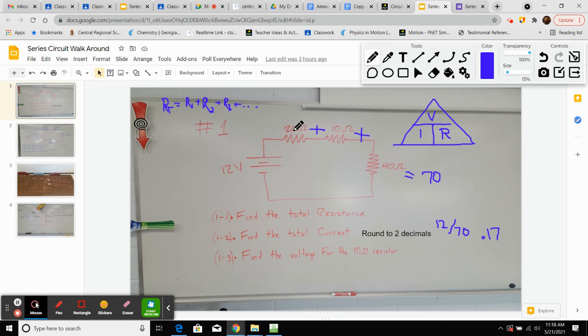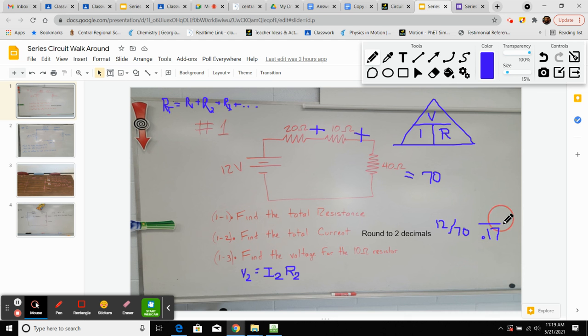1-3, find the voltage going through the 10 ohm resistor. So it's that guy. To find that, that would be V2. What would I do? I would look at the triangle, covering up V. Now it means I times R. So it'd be I2 times R2. And what is I?